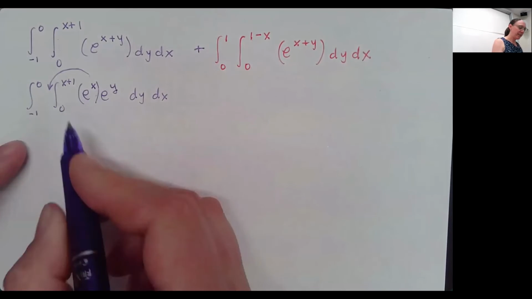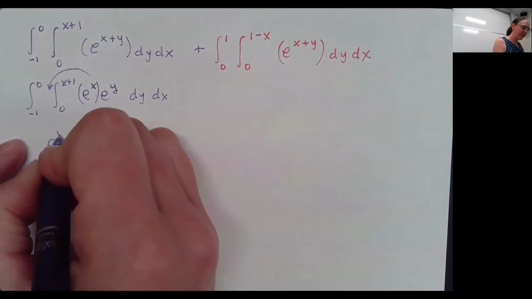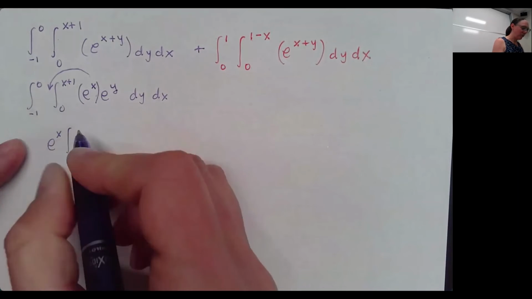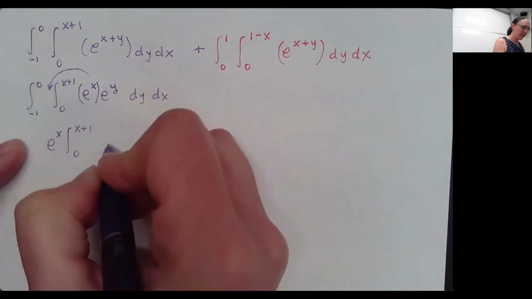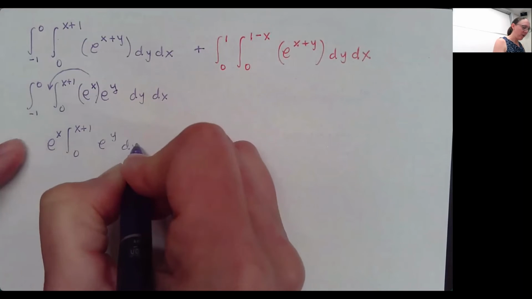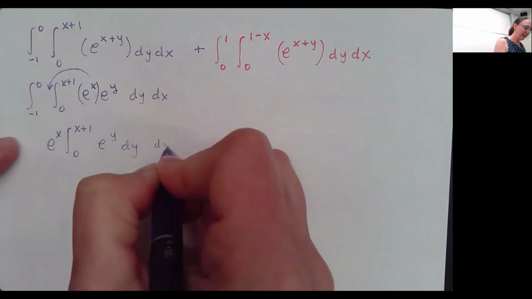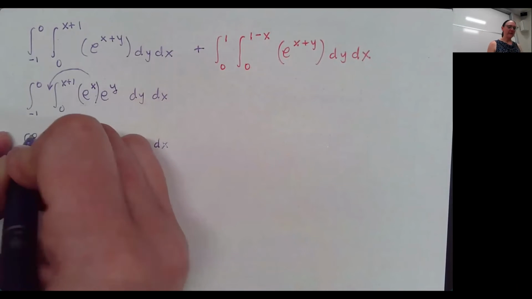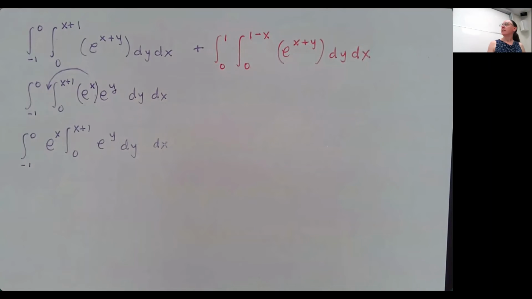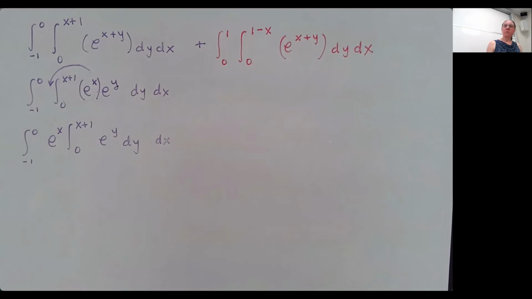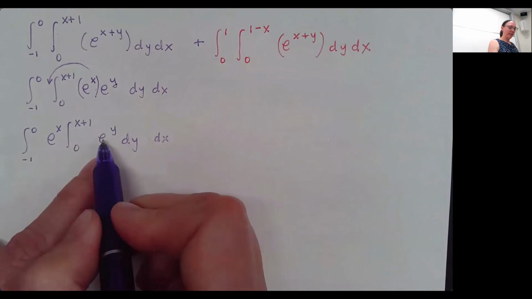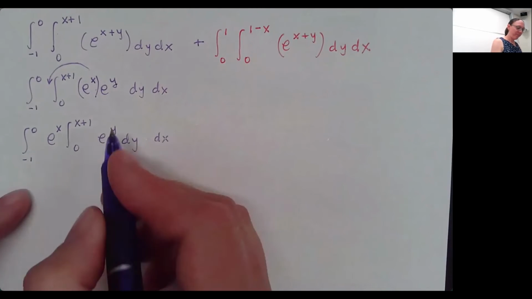So I can treat this as e to the x times the integral from 0 to x plus 1 of e to the y dy, all of that nested inside of my dx. So if I integrate with respect to y, the integral of e to the y is e to the y.